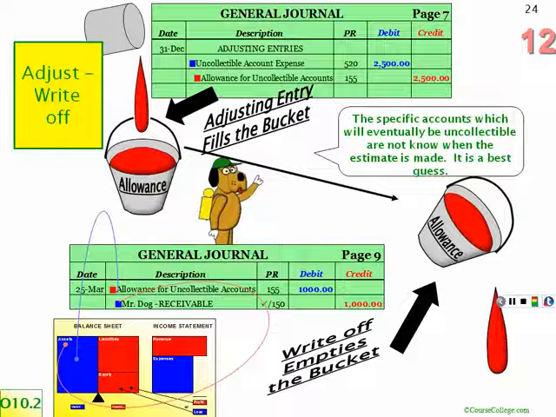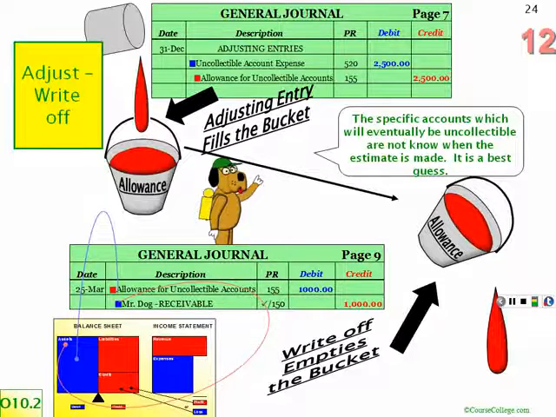It's important because it's really honoring that matching concept. It's matching up the bad debt expense with the revenue that you earned with that cost. And in the future, it's trying not to have the subsequent write-off events affect the accounts in total. They do affect the accounts, but they shouldn't affect net income. They shouldn't affect net realizable value of receivables or total assets.